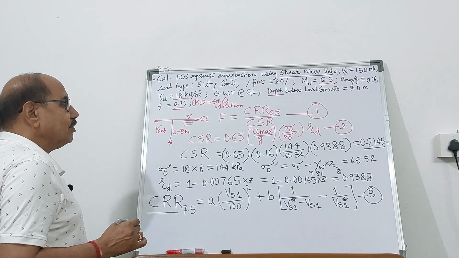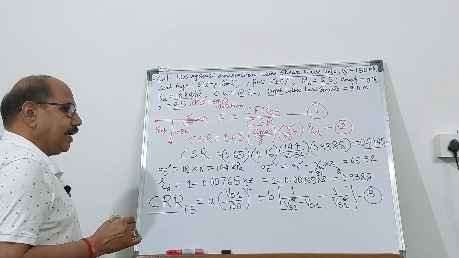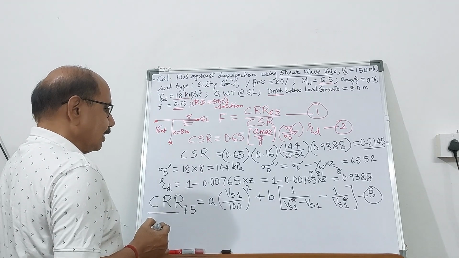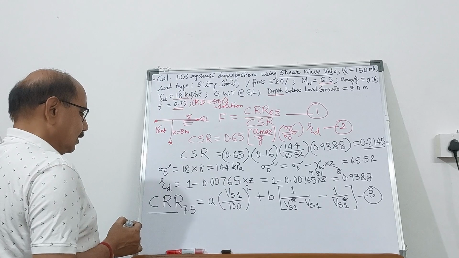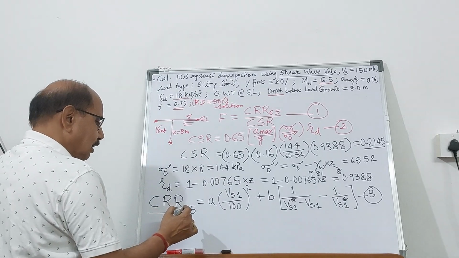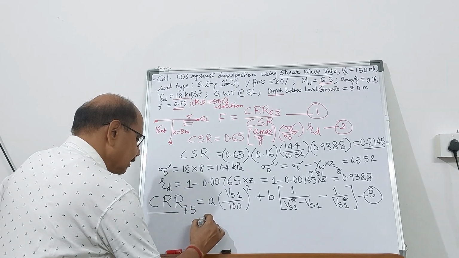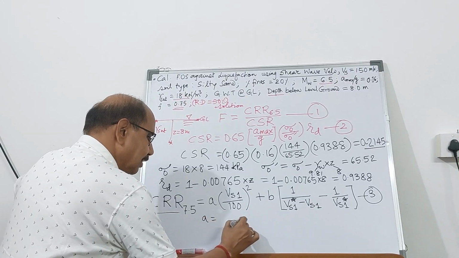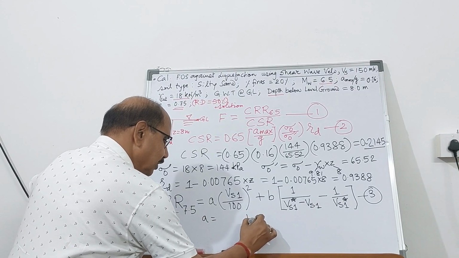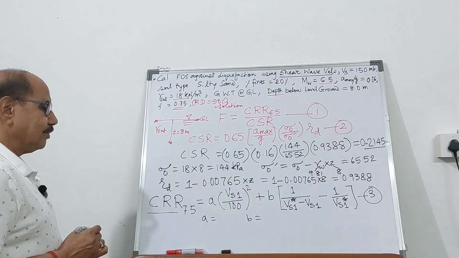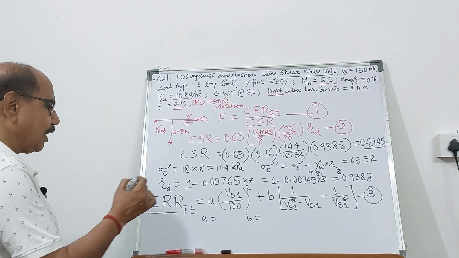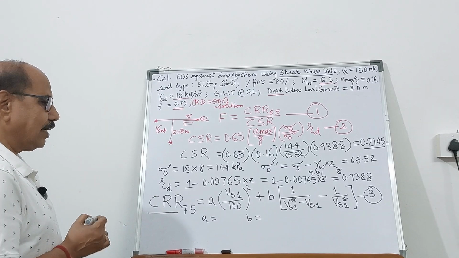Where the coefficients A and B, if you look to the IS code, you get the value of A and the value of B for the given curve. You can easily find it out.